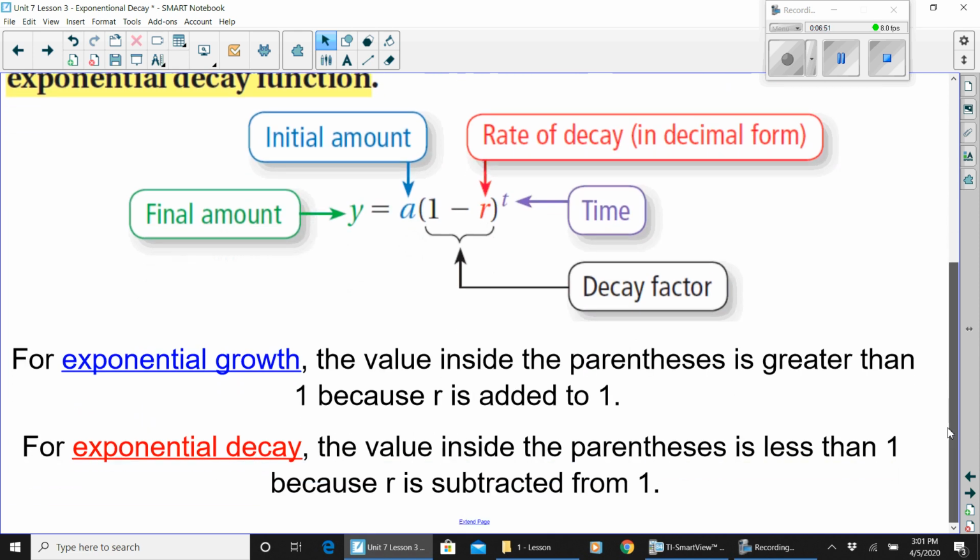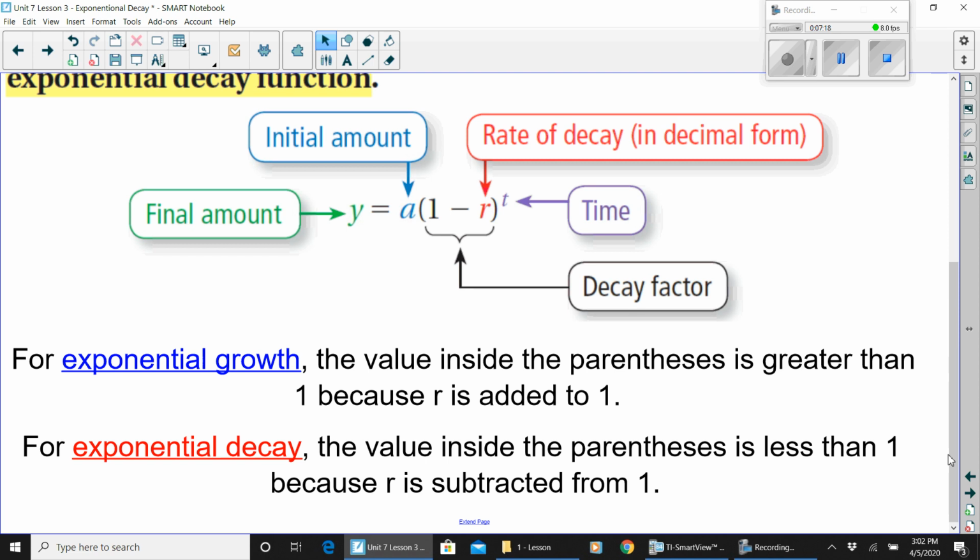For exponential growth, the value inside the parentheses is greater than 1 because r is added to 1. In exponential decay, the value inside the parentheses is going to be less than 1. Say we start out with $100 and a percentage is taken off of that 100, so it might be worth $80.